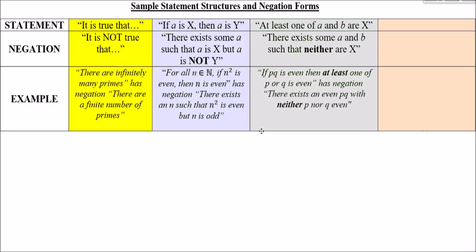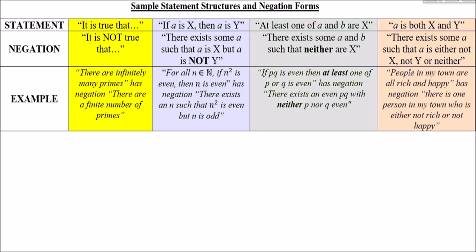The final negation form I'd like to consider is that some element of a set has both property x and y. That would be proven wrong most simply by the negation: there exists some element A such that A is either not x, or it's not y, or it's neither x nor y.